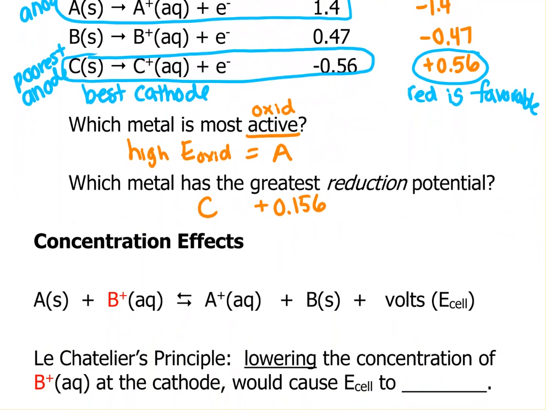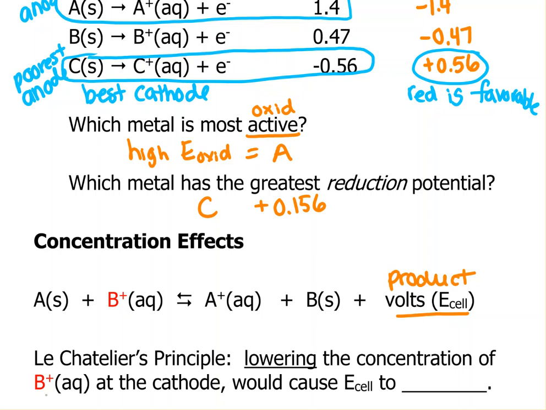Okay, we're also going to look at the effect of concentration. And this has to do with Le Chatelier's principle. You can probably guess pretty intuitively that the more concentrated those solutions are, the higher your voltage is going to be. But we can explain that in terms of Le Chatelier's principle. You can think of the voltage, the potential of the cell, as being a product. And if it's a product, then you can just apply Le Chatelier's principle.